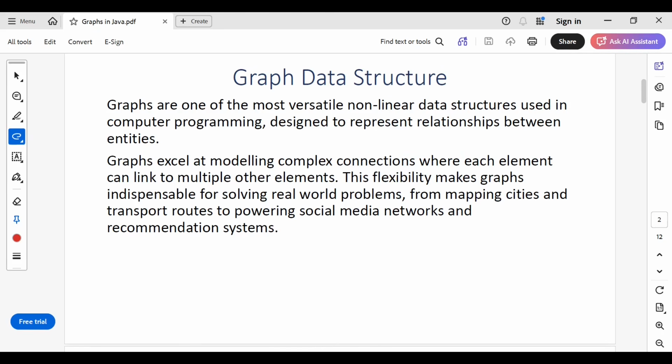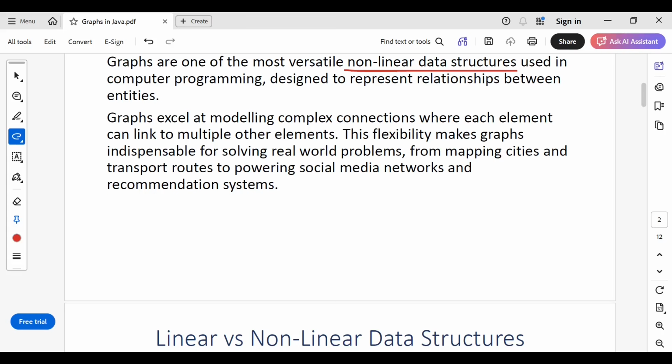Introduction of graphs. Graphs are non-linear data structures which are used in computer programming to represent relationships between entities. Since they are non-linear, they are good at modeling complex connections where each element can link to multiple other elements.